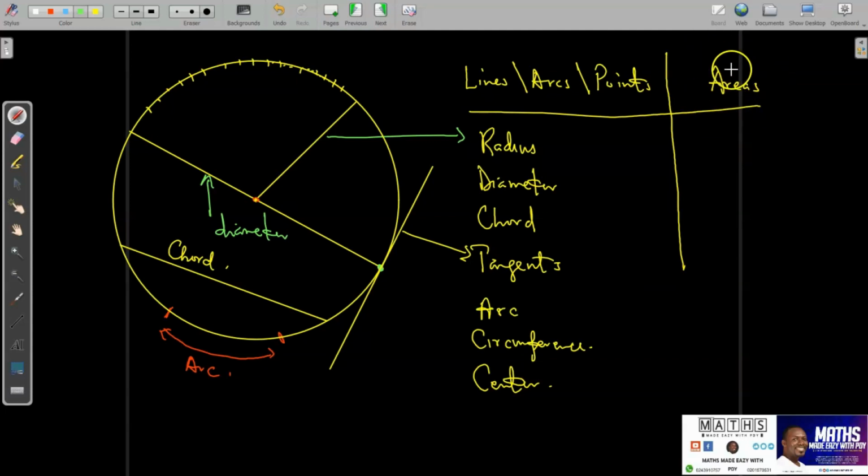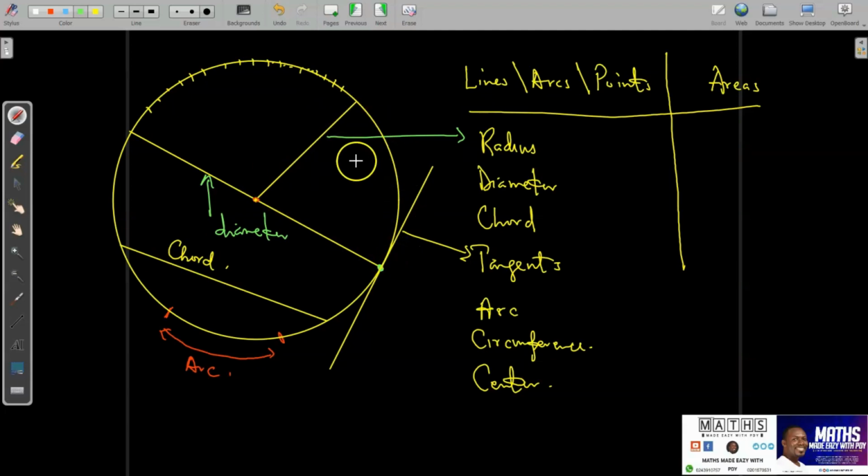Now let us come to the other group, which is the areas. When some lines and arcs intersect, it gives you a bounded region. And that bounded region is known as an area. So you realize that probably we have a radius here bounded by another radius, then an arc.